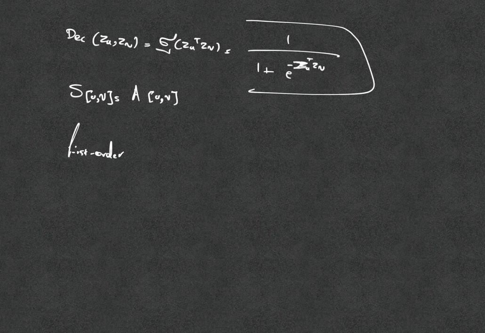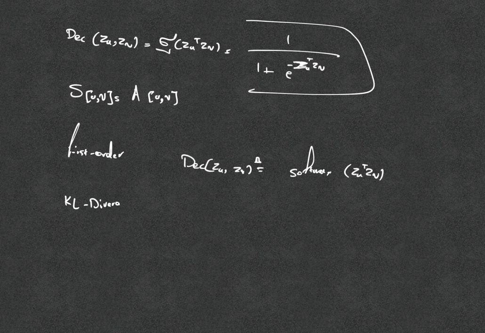And the second one is going to be the same decoder as before, defined as the softmax of inner products. And KL divergence is going to be used in order to train that to encode the two-hop adjacency information. Therefore, it is also in some sense close to Node2Vec and DeepWalk.